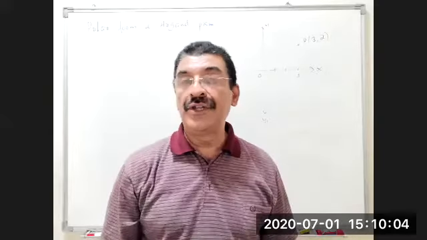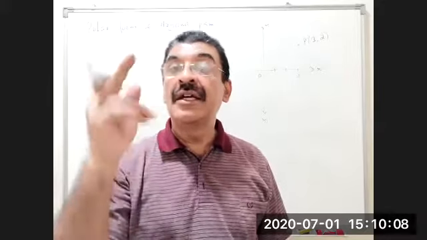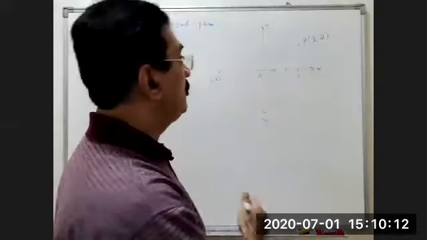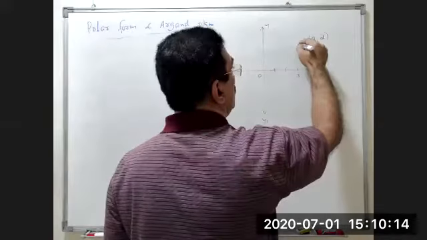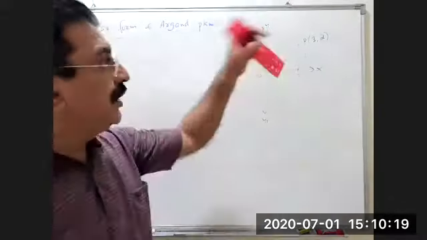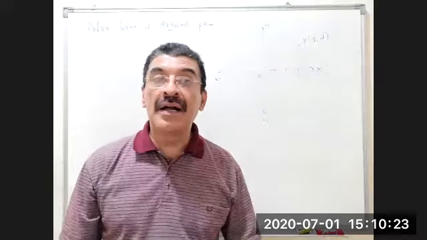Similarly, y coordinate 2 means this is 2 units. So this point 3, 2, point P, is marked in the Cartesian plane.